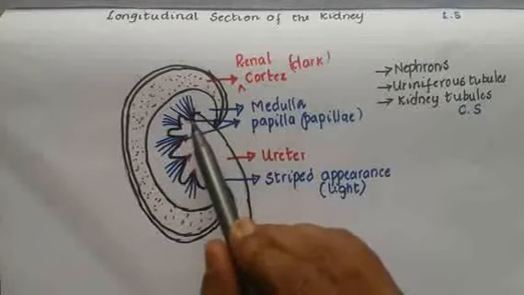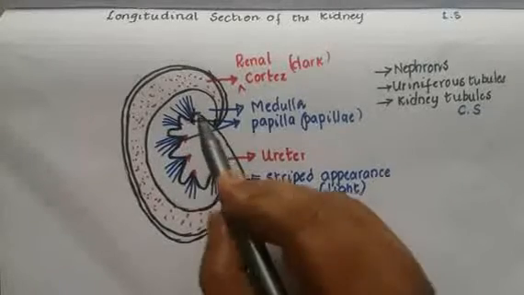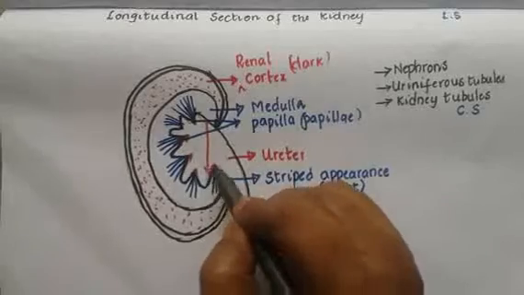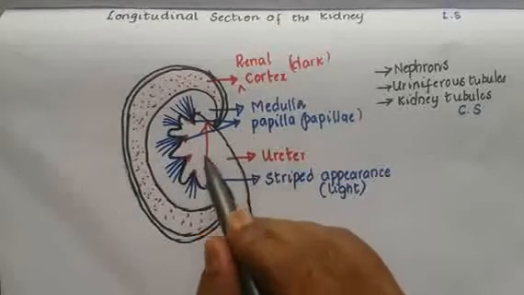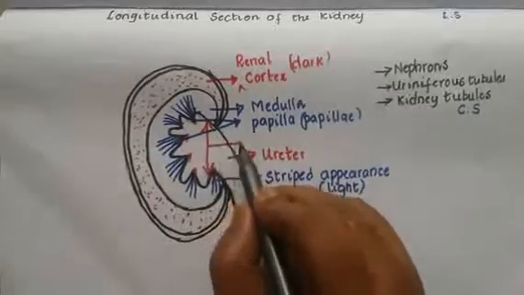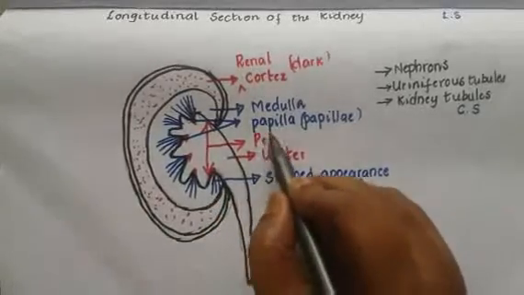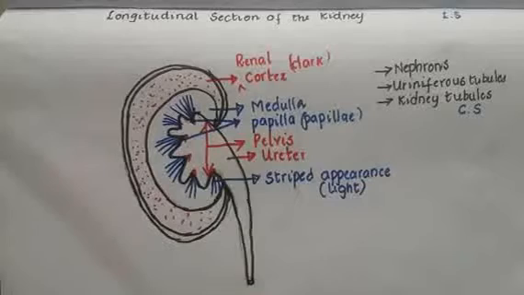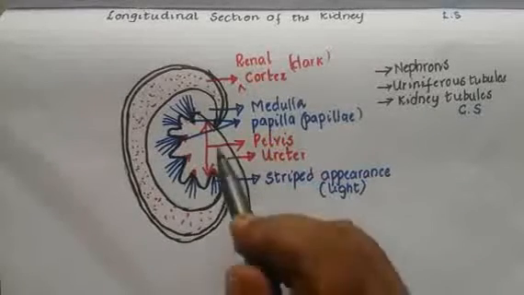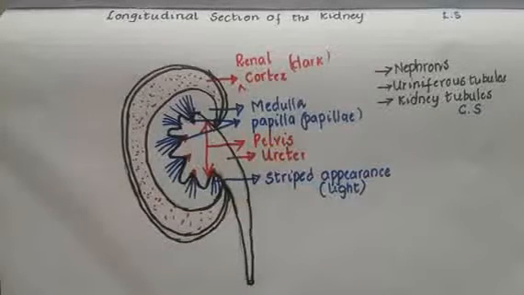So urine enters into the first part of the ureter. This expanded part of the ureter arising from the notch of the kidney, we name as the pelvis. So what is the pelvis? Pelvis is the expanded part of the ureter which arises from the notch of the kidney.